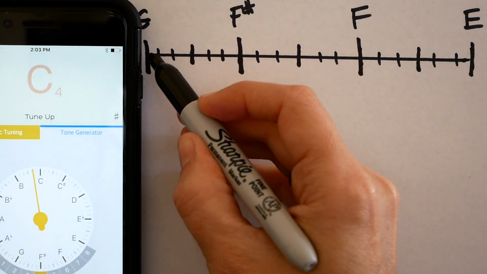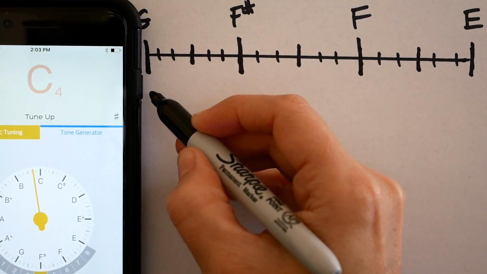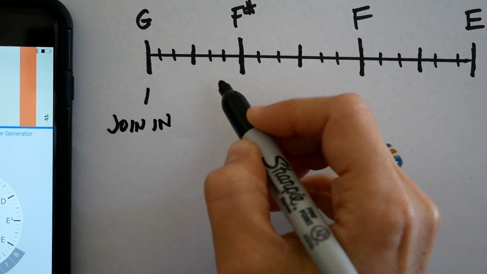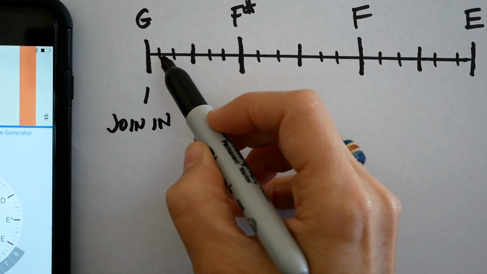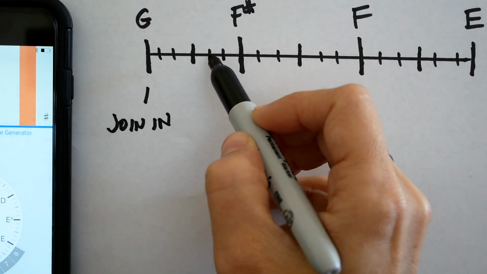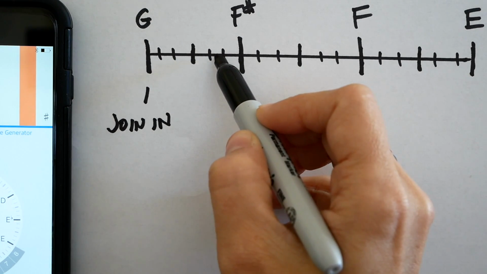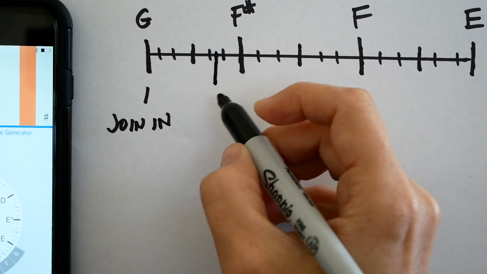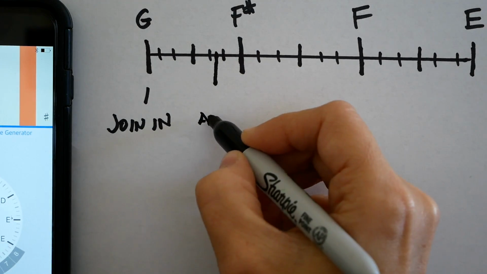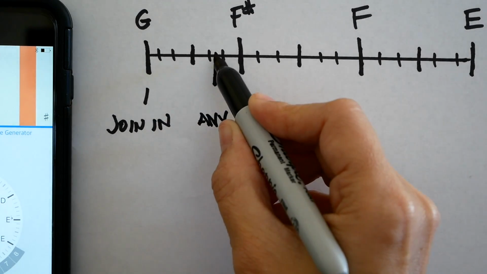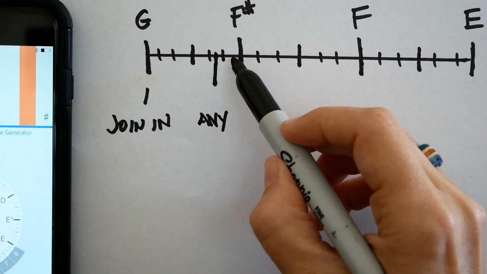So we've got "join in" right here, and we can write that. Then what we're going to do is count. We're going to go 1, 2, 3, 4, and right halfway between that is "any." Join in, any, right there. Now we're going to count another 4.5.